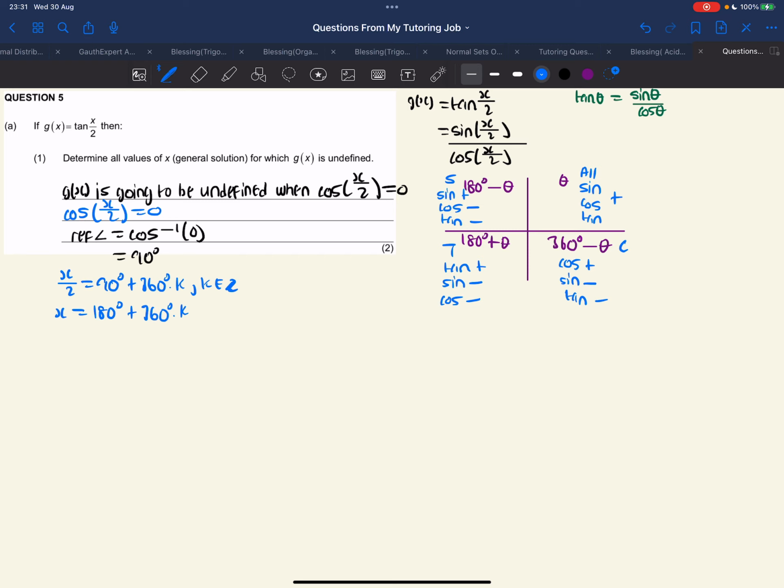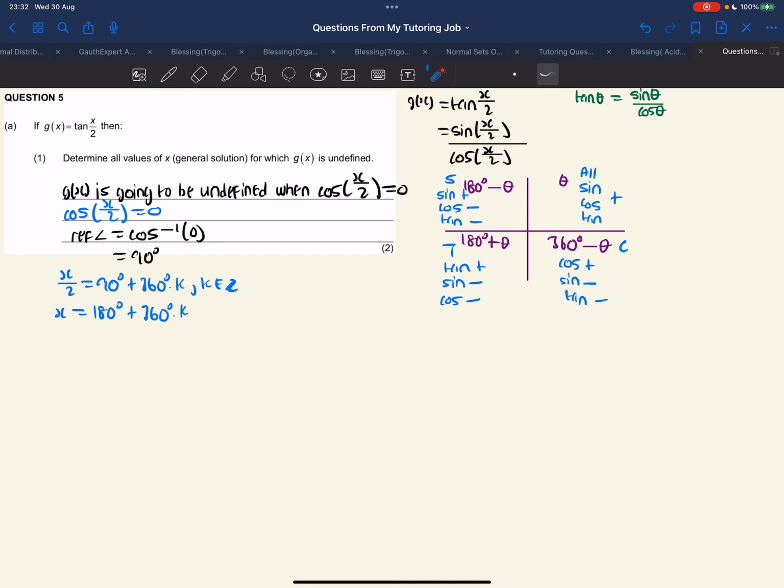You should have been told in class that if you have a circumstance that looks like this, or even if it was a 2x, the only number in this general solution that you divide or multiply is the angle. You never multiply the 360 that goes with k. That's why I said 90 multiplied by 2 is 180, and it's still 360.